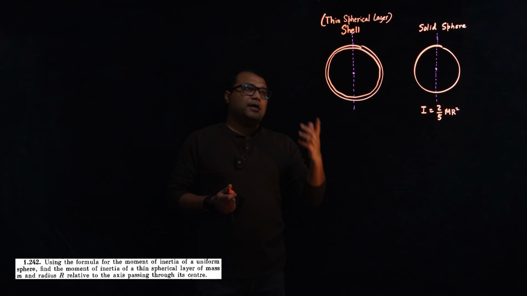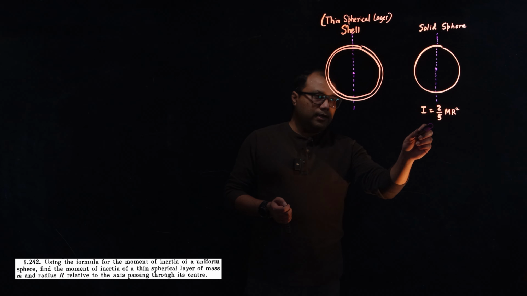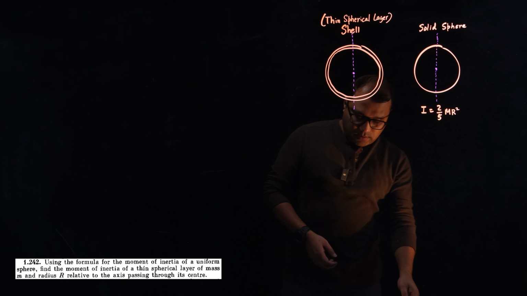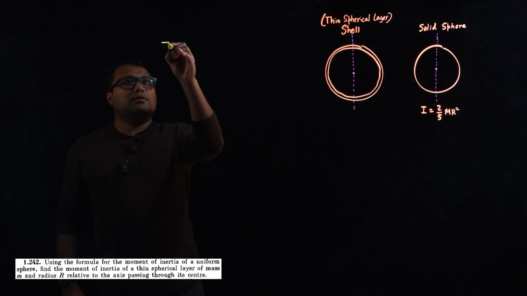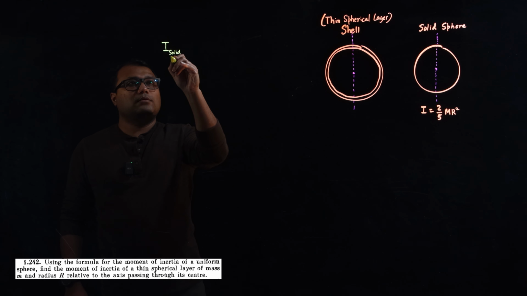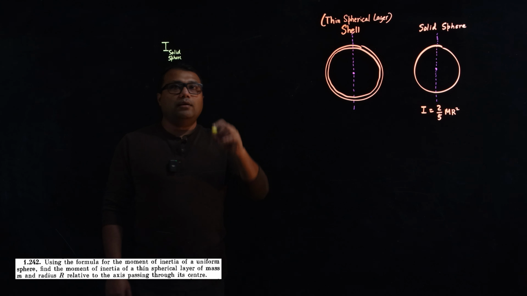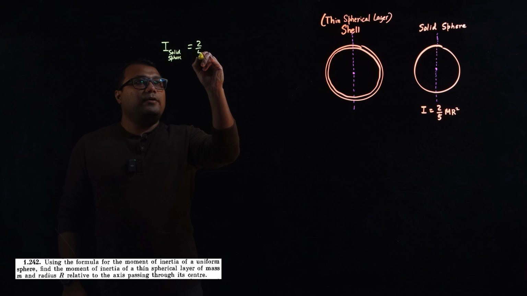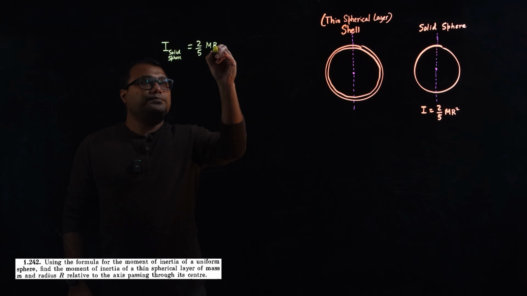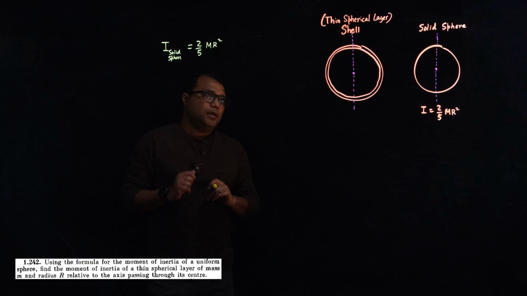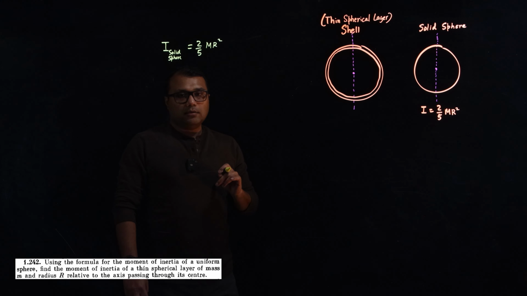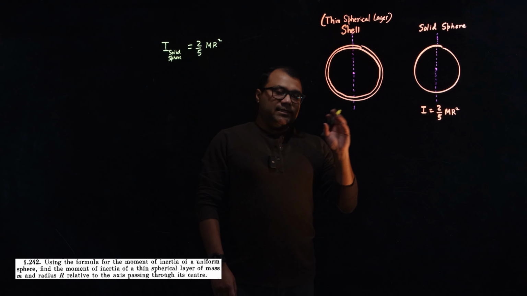Okay. So, how can we find this out? Let's start with this. So, I of a solid sphere is 2 by 5 m r square. Now, I do not want to deal in m, I want to deal in density.